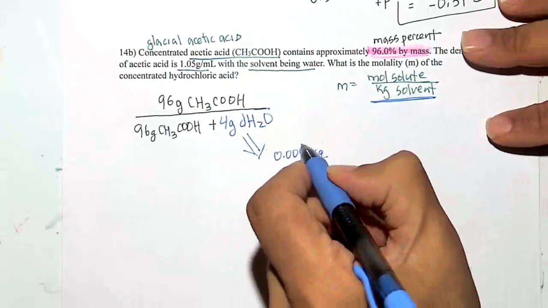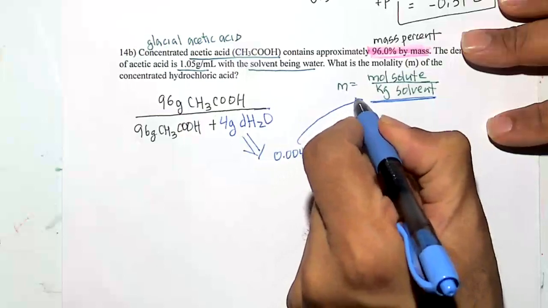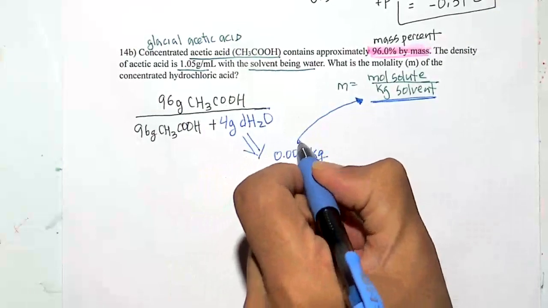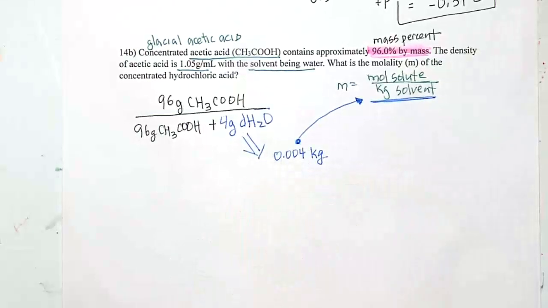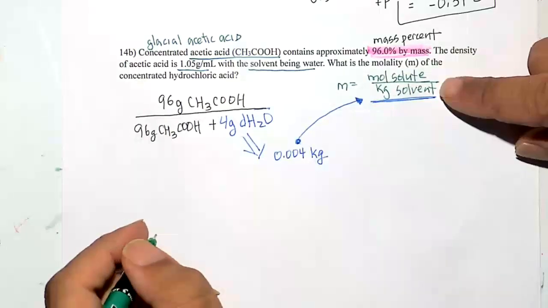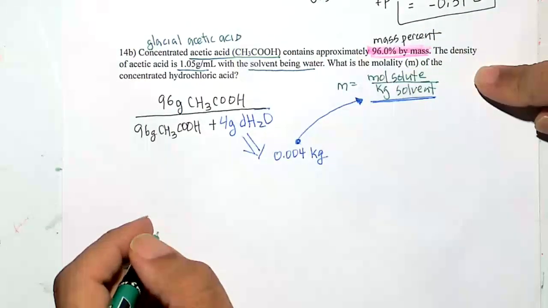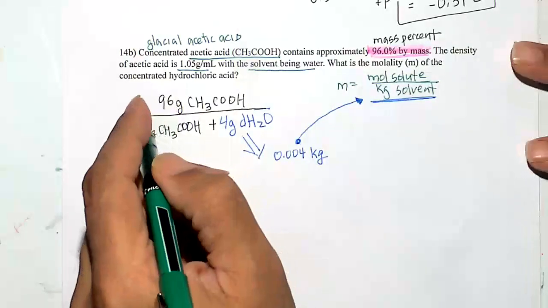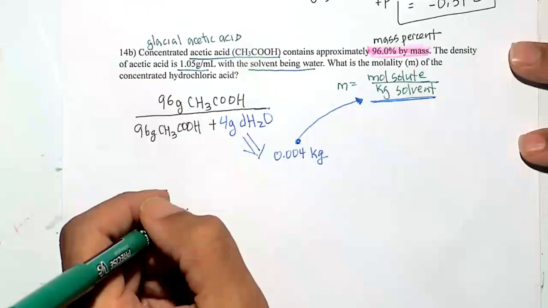Kilograms. And then the solute moles is going to be acetic acid. Let's convert this 96 grams of acetic acid to moles of acetic acid.